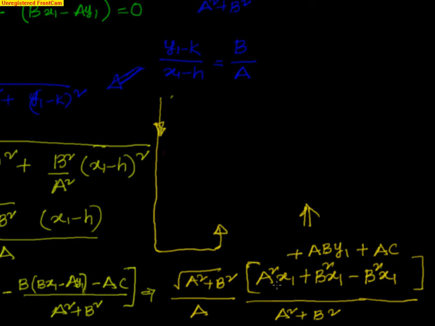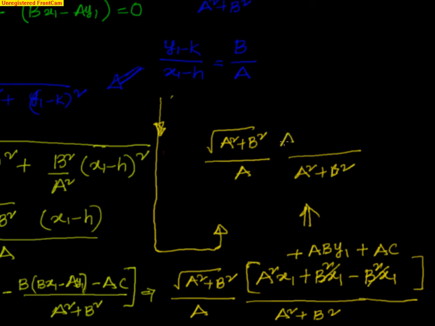Now see here, this and this simplifies. This becomes square root of a square plus b square by a into, I have a square plus b square, and if I simplify, this becomes a into ax1 plus by1 plus c.